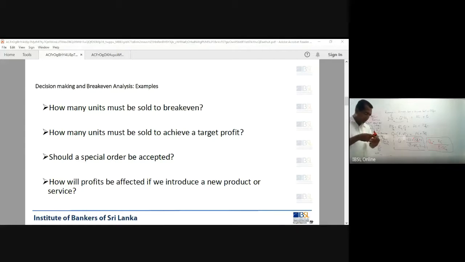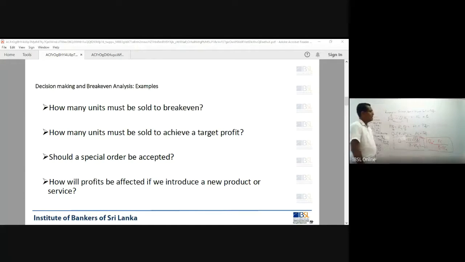So as you saw in the presentation, how many units I should sell to get a profit of, we say, 10,000 rupees. That also is calculated from this formula. When it is break even, we consider this as 0. How many units I should sell to get a definite profit? Then we consider profit as a fixed cost, 10,000.